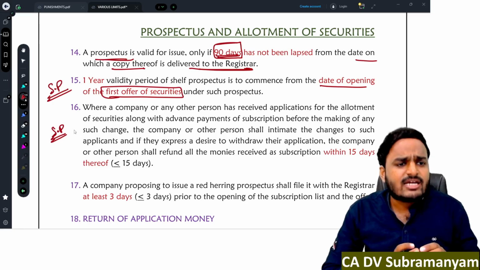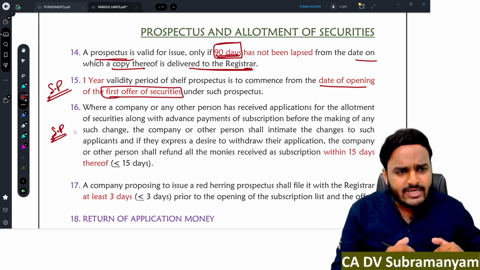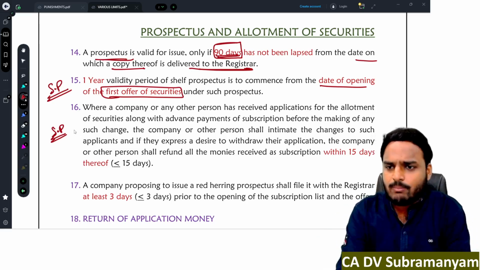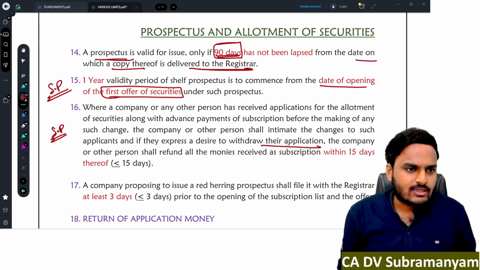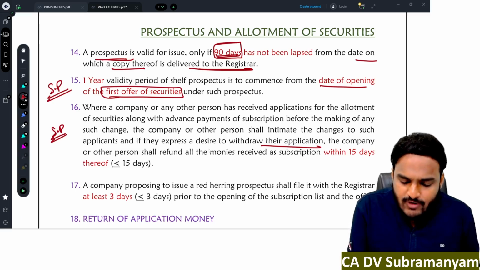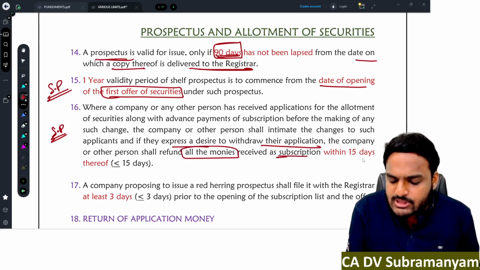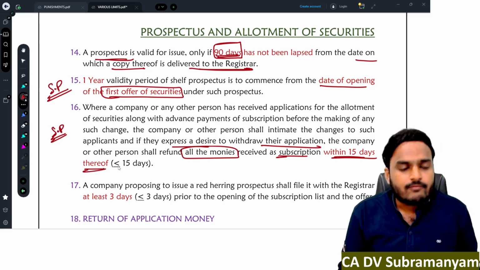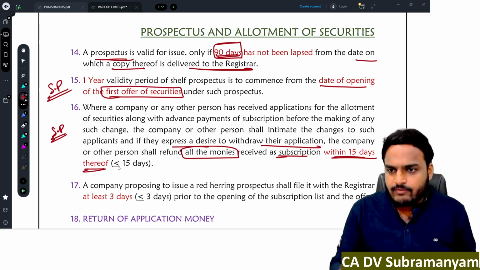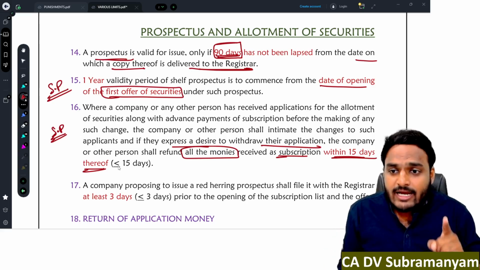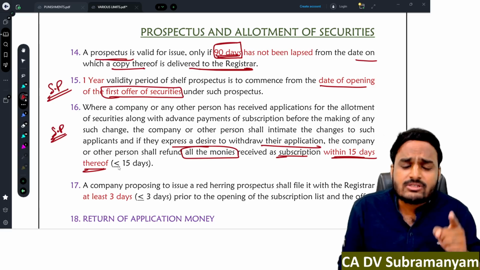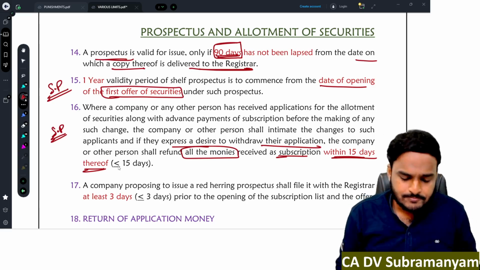If applicants decide to continue with the company, then company can make allotment of securities to those applicants. If applicants desire to withdraw their application, then company shall refund all the monies received as subscription within 15 days from exercising that option. Within 15 days of exercise of option, company has to refund all the advance application monies, all the monies which company received in advance.